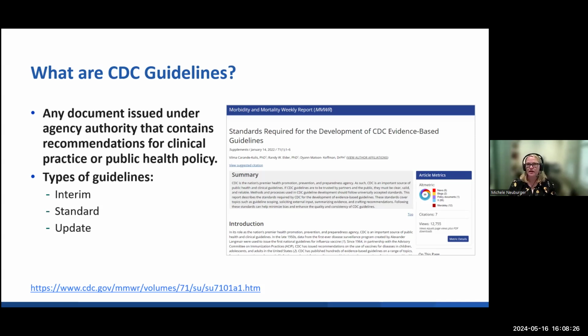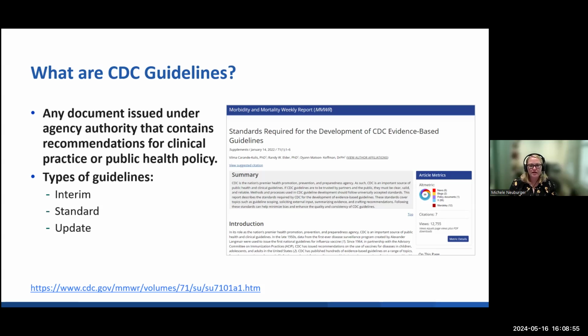So it was an effort to help increase transparency and understanding of how CDC makes guidelines or guidance documents. CDC guidelines are any document that's issued under our agency authority that contains recommendations for clinical practice or public health policy. Typically, there's three different kinds. There's interim, standard, or an update, and I think we'll have examples of all three here.